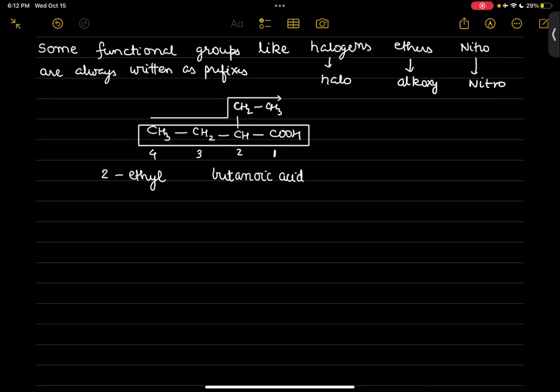Next compound. So for this one, which is the parent chain?